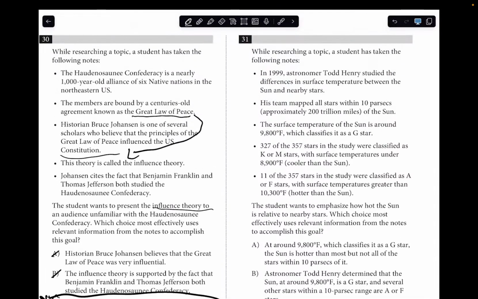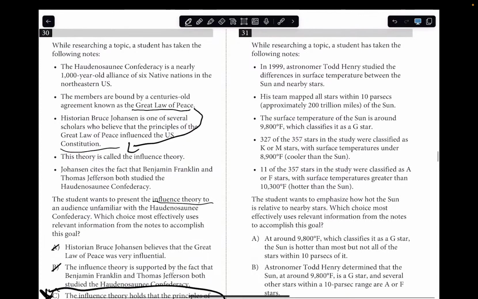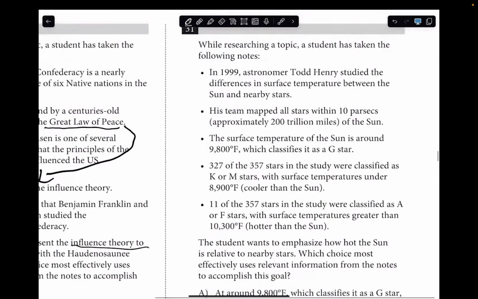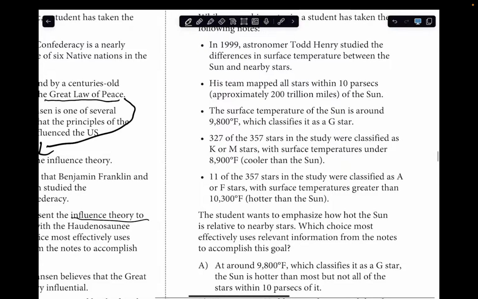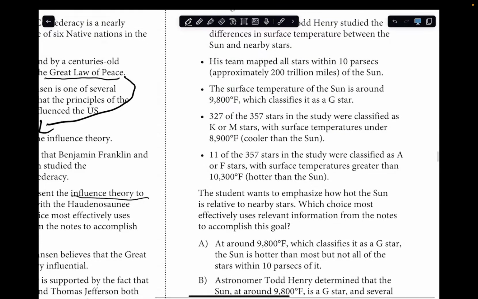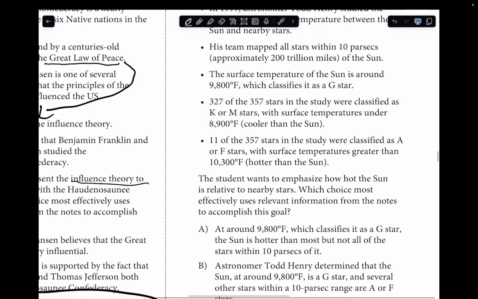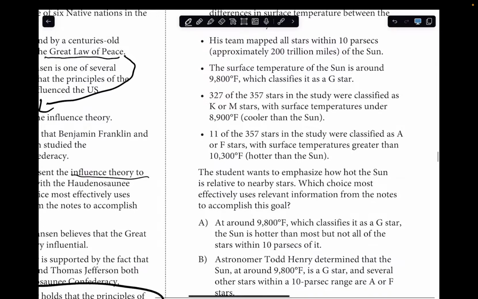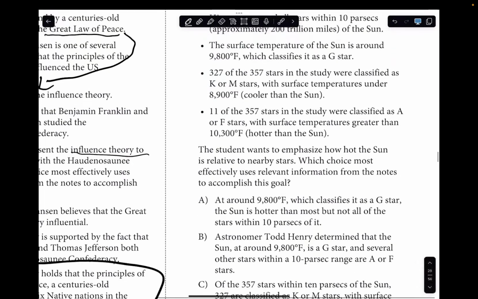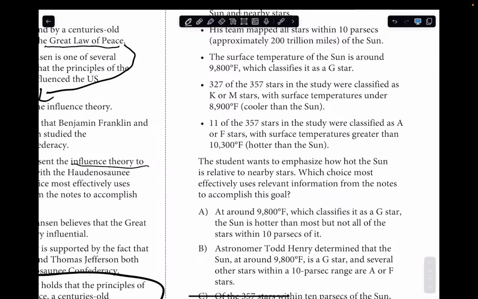31. We're researching a topic. A student's taken the following notes. An astronomer in 1999 studied the differences between surface temperature between the sun and nearby stars. He mapped out, that's a significant distance. The surface temperature of the sun is around 9,800 Fahrenheit, which classifies it as a G star.